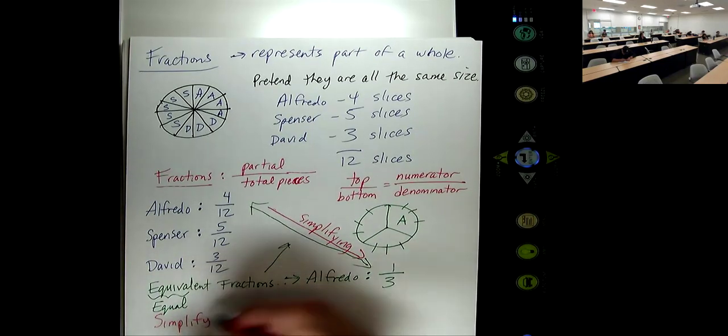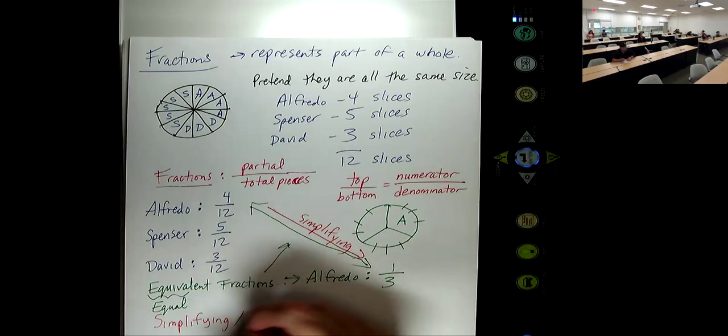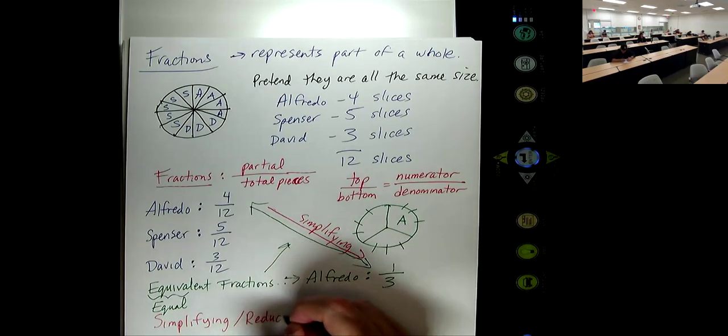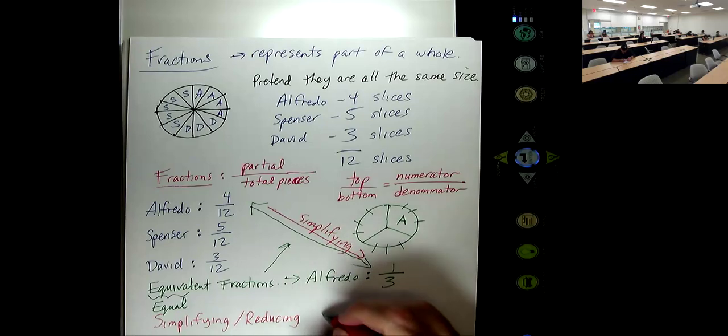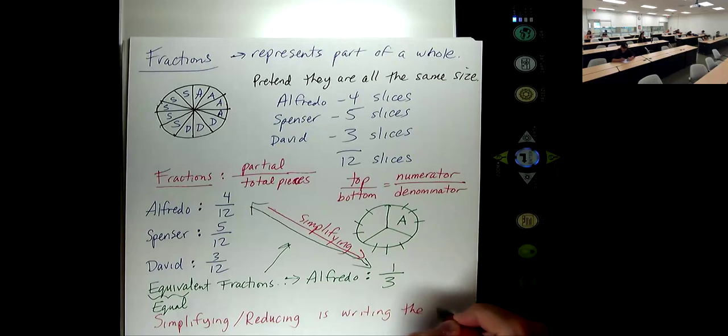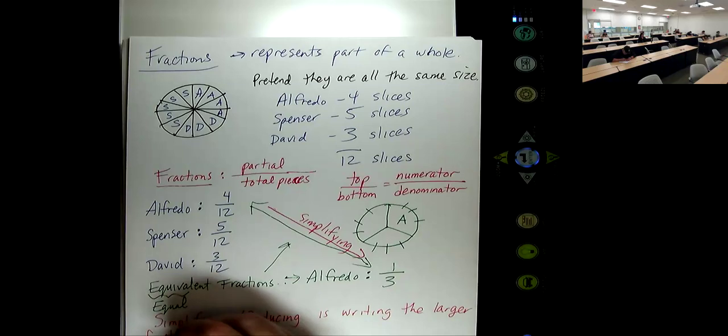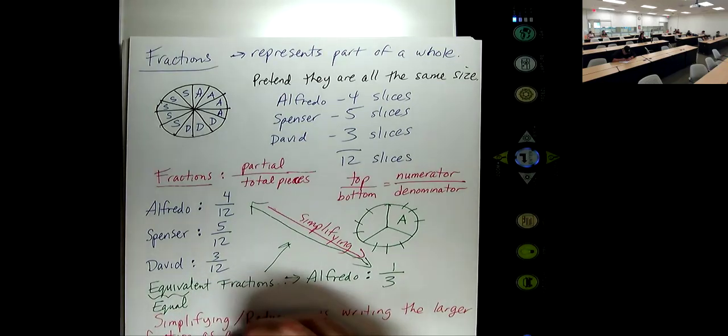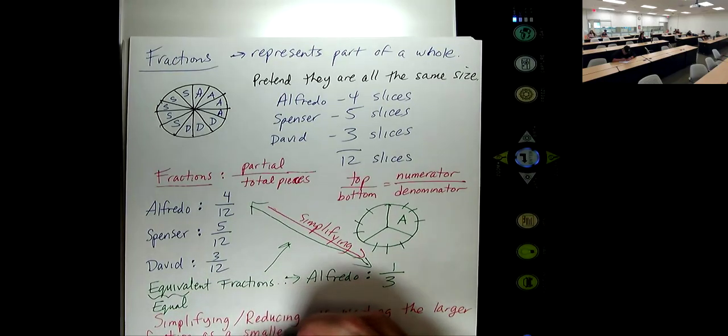Simplifying a fraction, you might have also heard it as reducing, is writing the larger fraction as a smaller equivalent one.